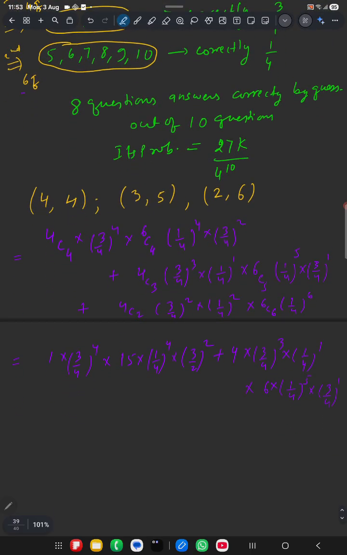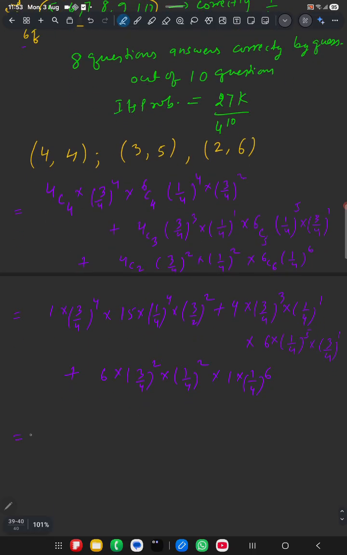One more group is there, 4C2, that is 6, into 3 by 4 power 2 into 1 by 4 power 2, and 6C6 is 1 into 1 by 4 power 6.